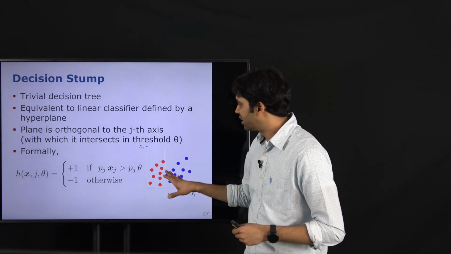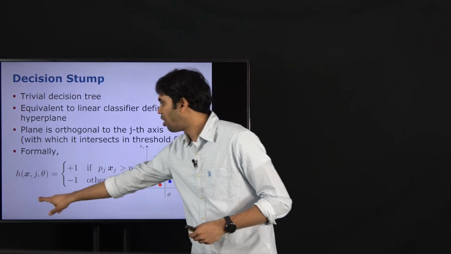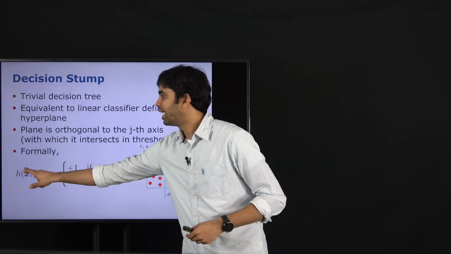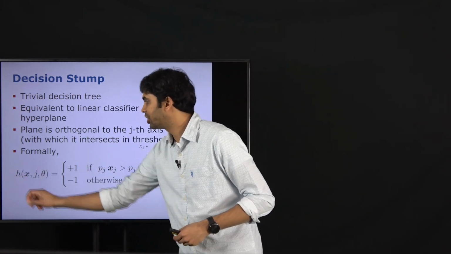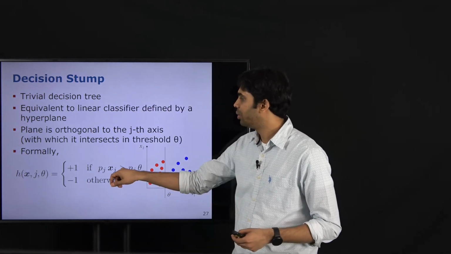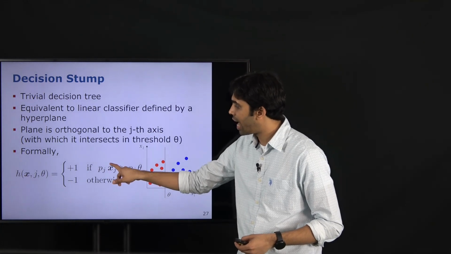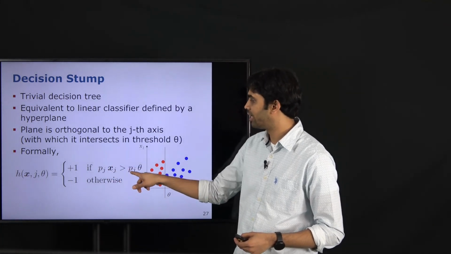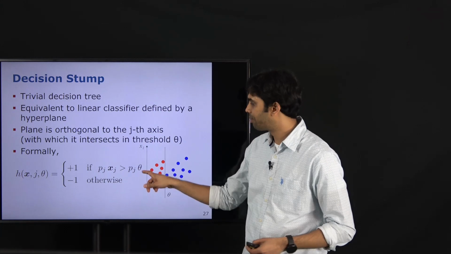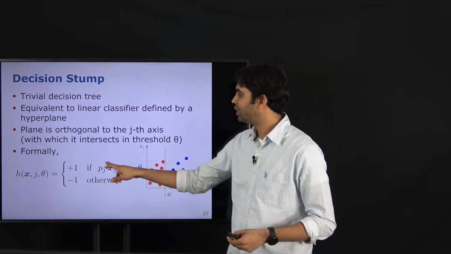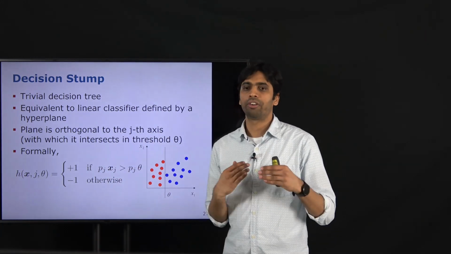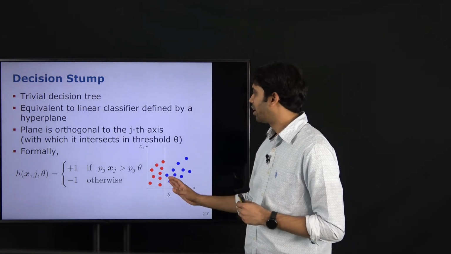So this line translates to this formula here, which is the formula for a single decision stump. And then you say the class is +1 if the value of that axis of your feature vector is greater than some threshold theta. So you see these PJs here to jump between left and right.